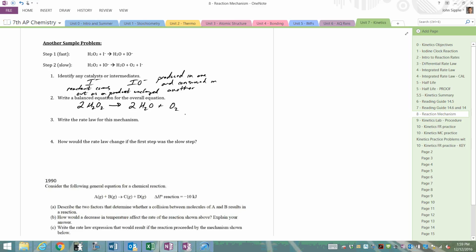So they want us to write the rate law for this mechanism as well. The rate law comes from the slow step.